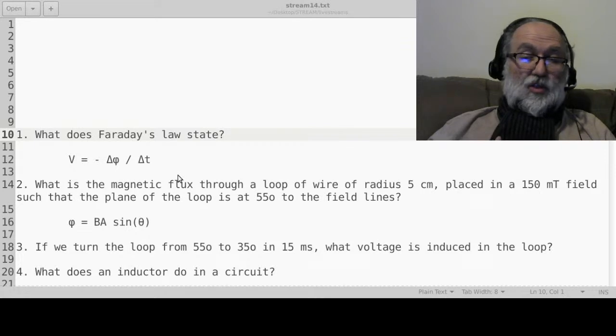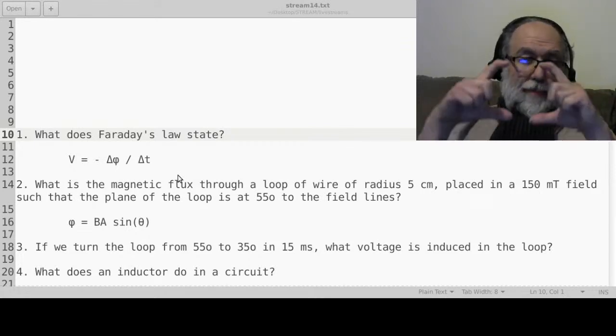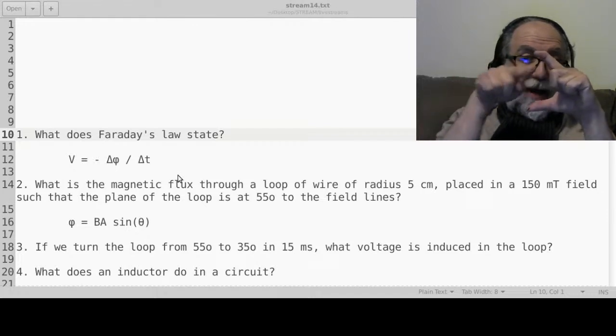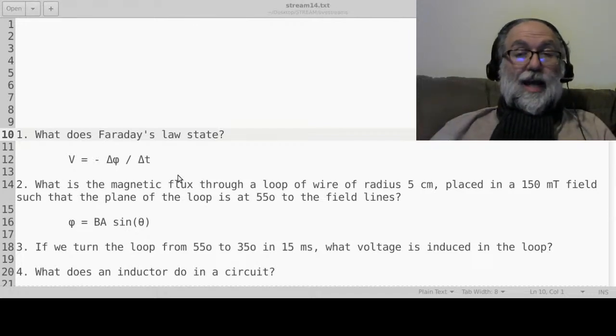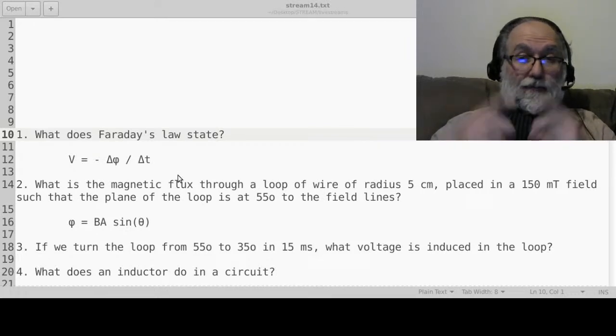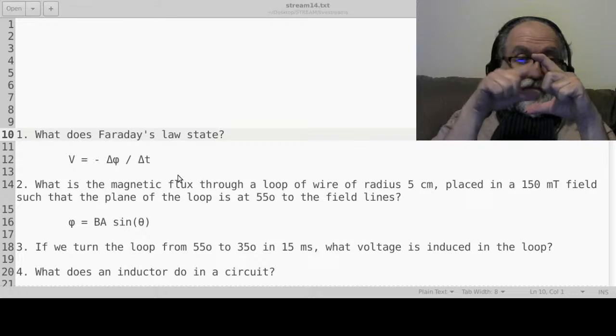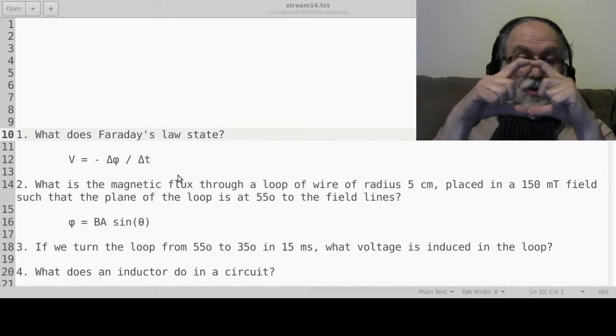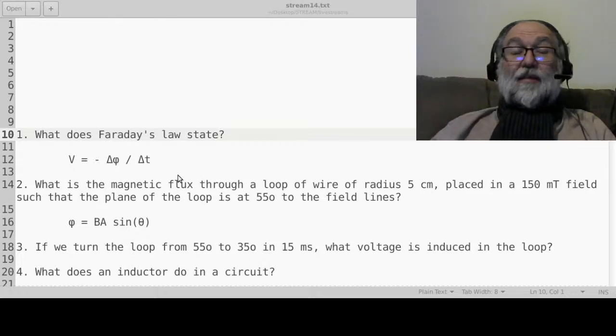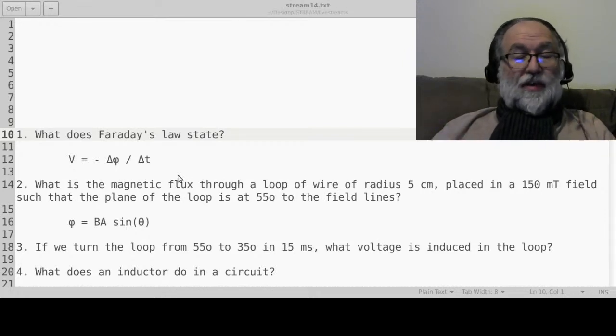As soon as the magnetic field changes, or the better way to think about it, the amount of magnetic field lines trapped inside the loop changes, you're going to get a current induced. A measure of the amount of field lines enclosed within the loop is called the magnetic flux. That's what the word flux means in physics. It means trapped field lines.